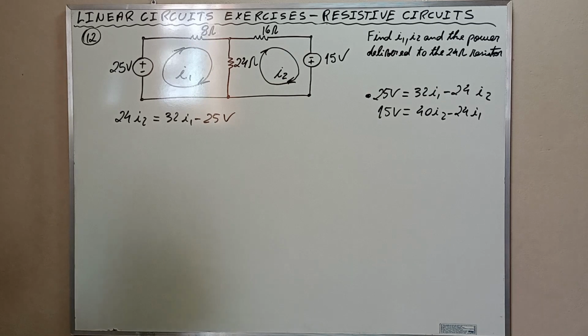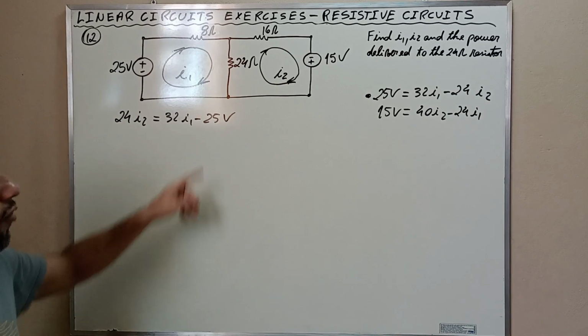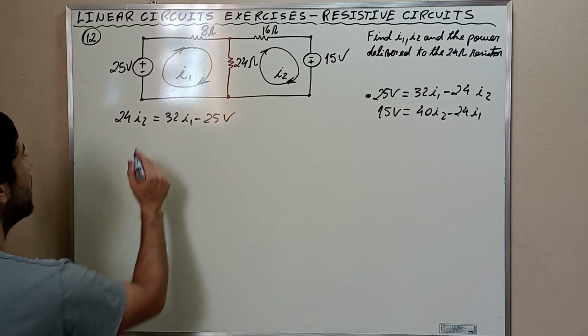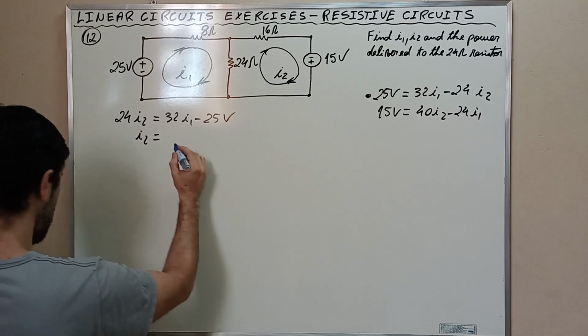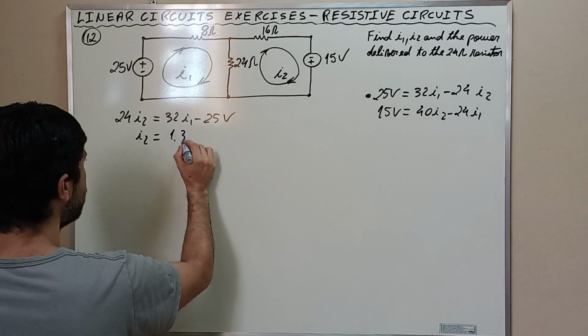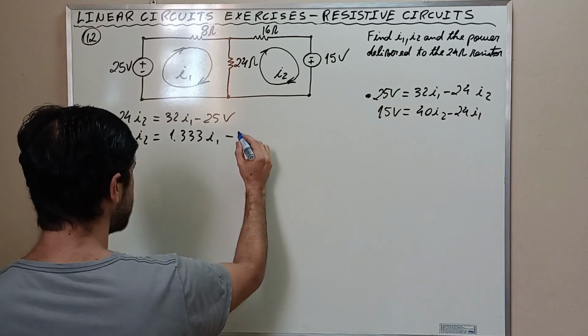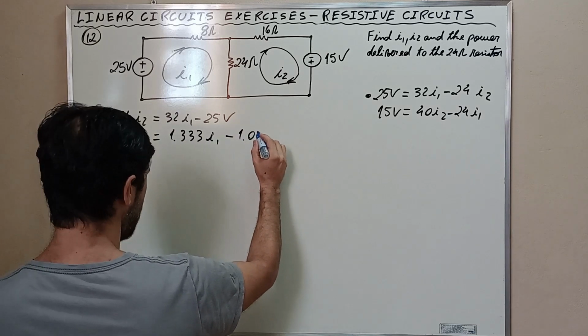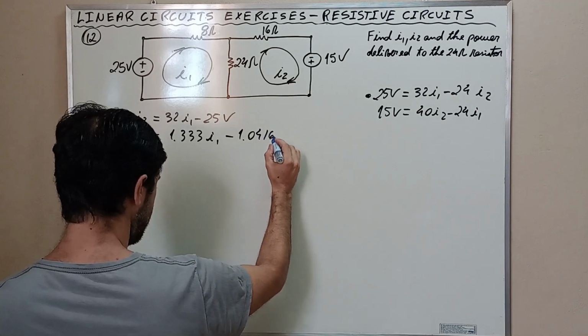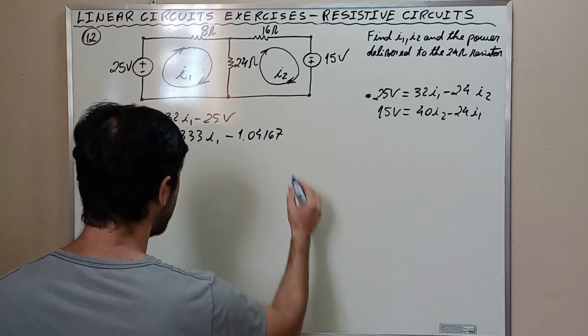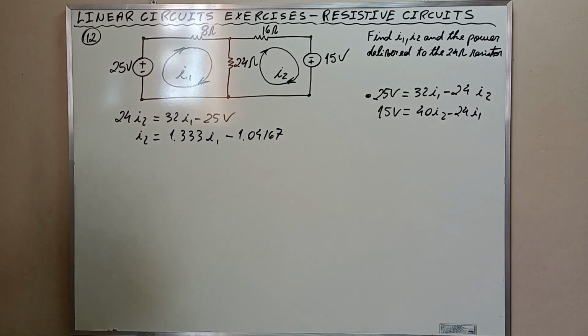And if I pass this 24 dividing, I find that I2 is equal to 1.333 times I1 minus 1.041667.